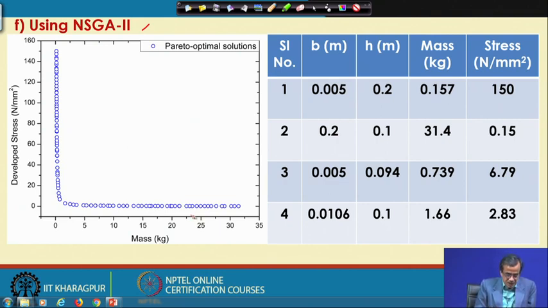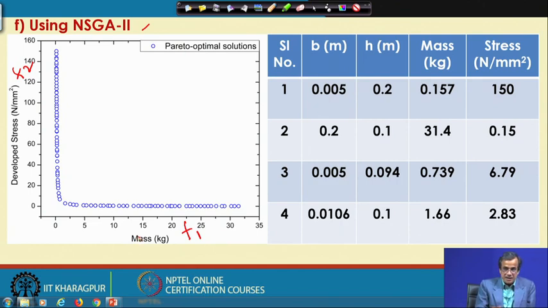If I follow this particular principle, there is a possibility that I will get the Pareto optimal front of solutions. Here, along this axis I am going to plot the mass, that is F1, and the developed stress is F2, and our aim is to minimize both F1 and F2. But the fact is, if F1 increases, then F2 is going to be reduced and vice versa.